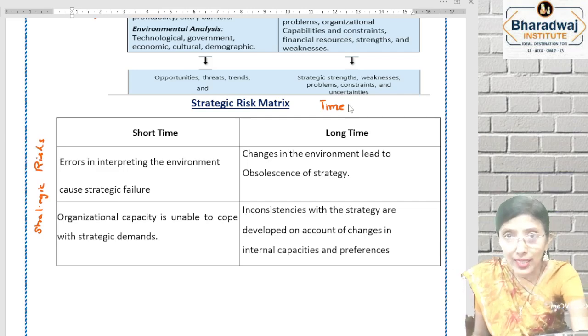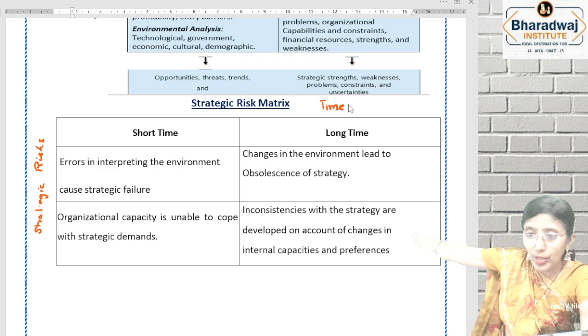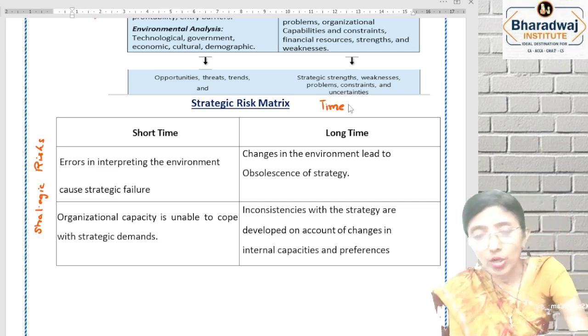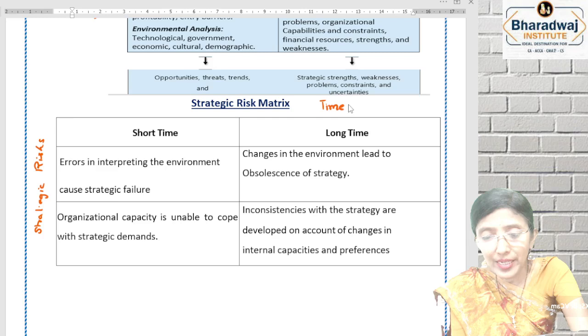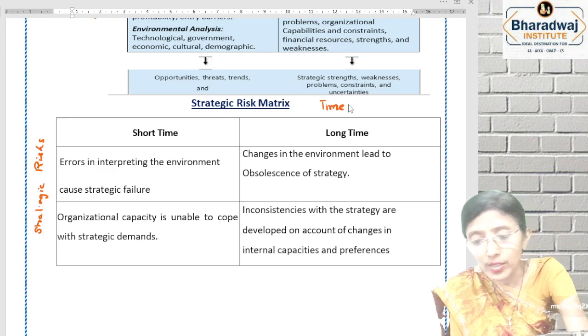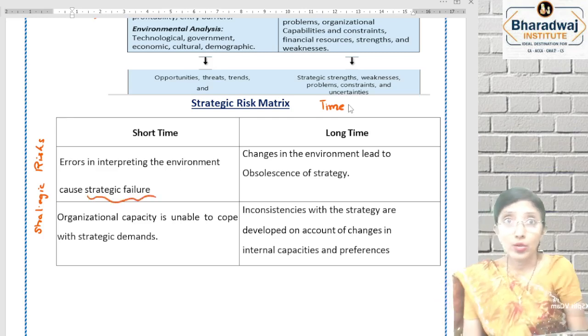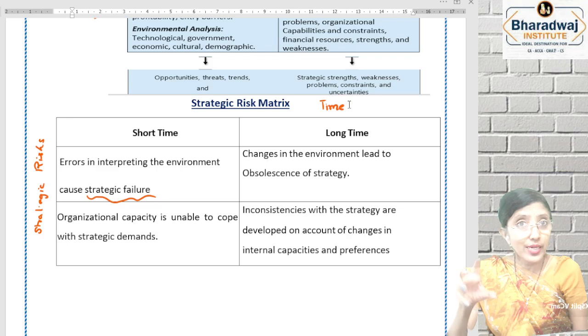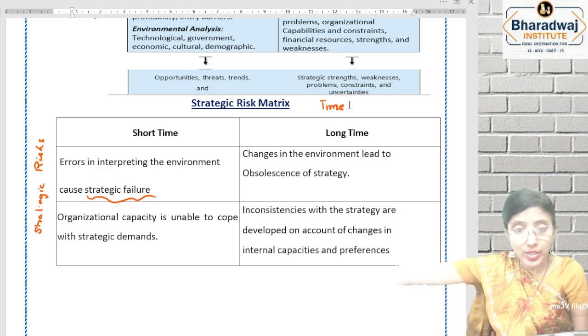See, short time, when you take a risk, what happens? The same thing when it is long time, what happens? That's what is given. See, short time. Errors in interpreting the environment causes strategic failure. If I make a mistake in interpreting or understanding the environment correctly, strategic failure.